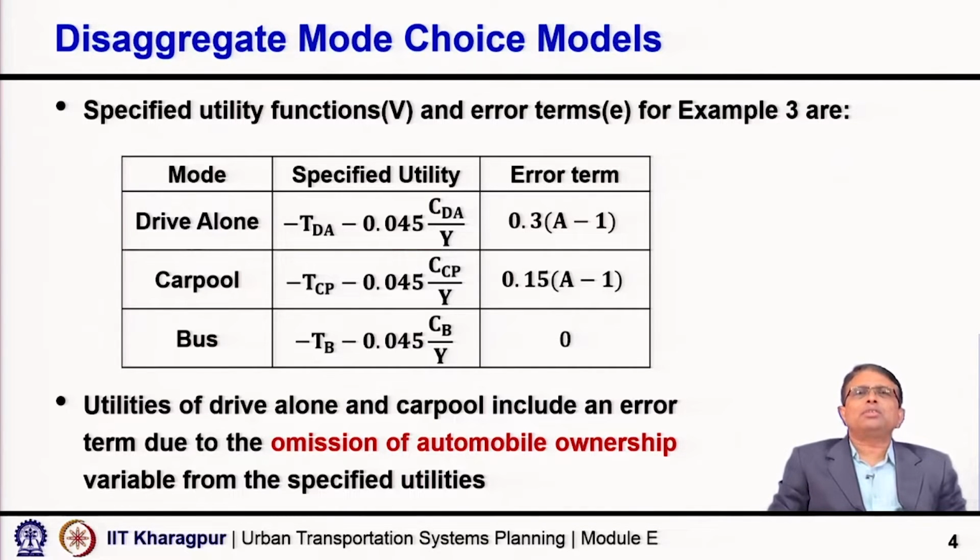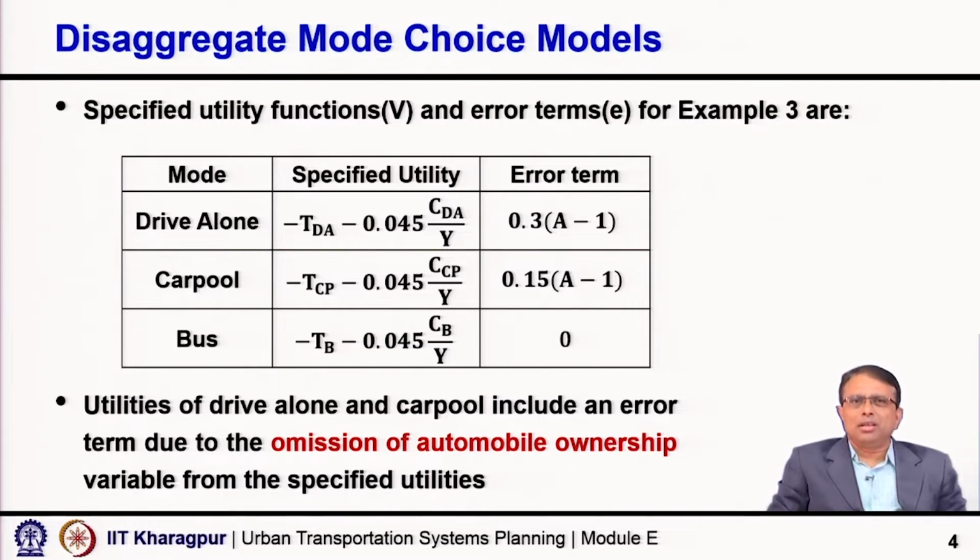So, what was actually specified without considering car ownership, I have stated here for drive alone, for carpool and for bus: the utilities specified by the modeler. And then, as we said, the choice was also influenced by car ownership.